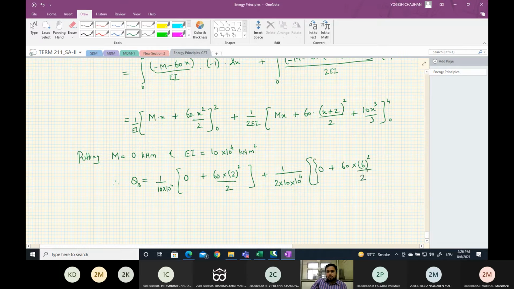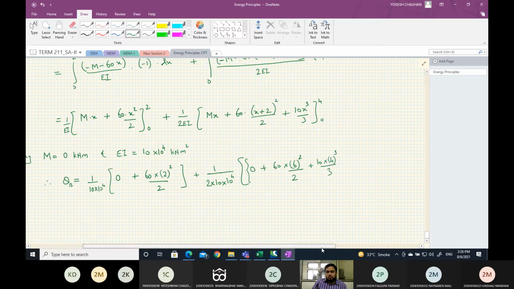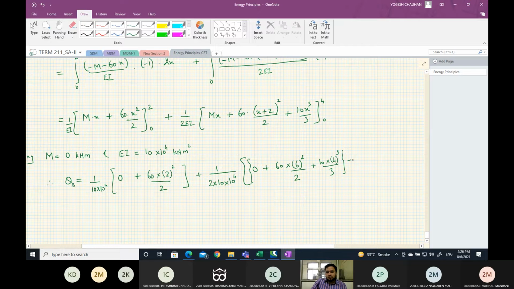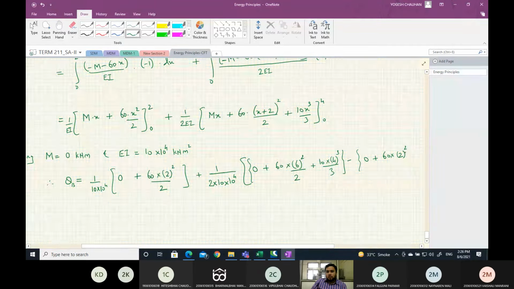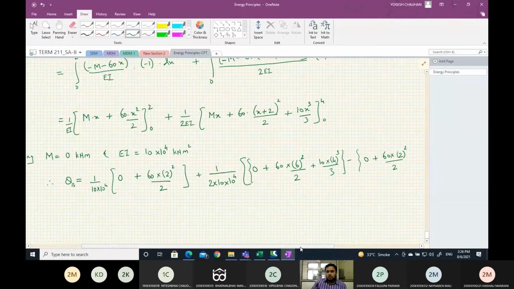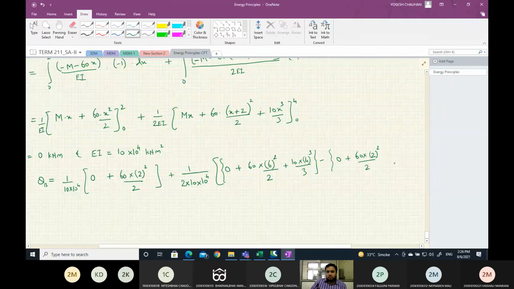This is the upper limit, plus 10 into 4 cube by 3. Now substitute the lower limit. Substituting this lower limit, it will be 0 here, plus 60 into 2 square by 2, and this last term will also be 0.